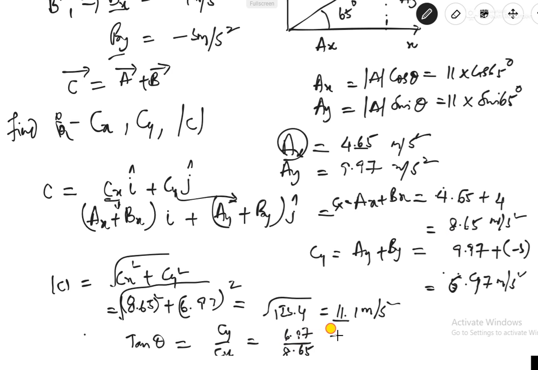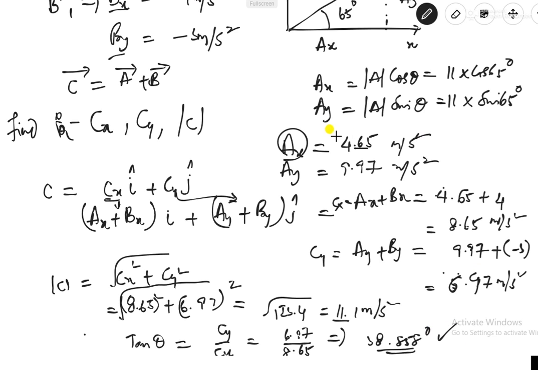So we will get around 38.8 degrees. This is the theta value. This is how we solve this kind of problem.